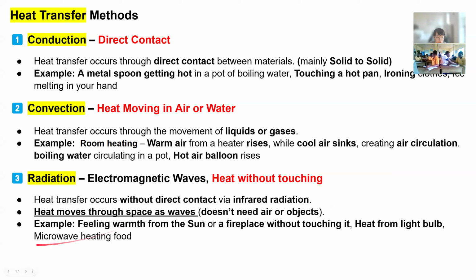For example, we can feel the warmth from the sun, and this is actually by electromagnetic waves. It's by radiation. Or a fireplace without touching it, or heat from the light bulb. All of these do not involve any moving through a medium or direct contact. It's without touching and without any sorts of air or water in between.